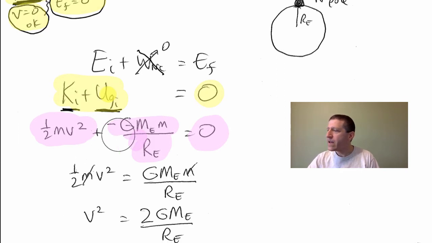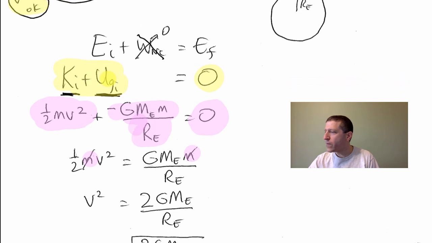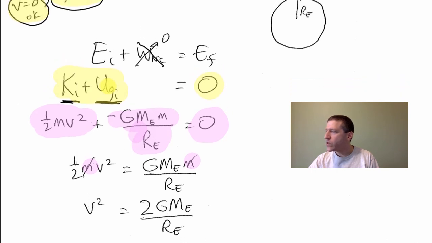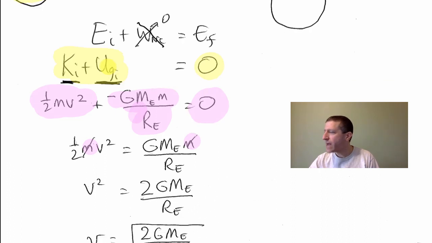And what we get is that, notice that the mass can cancel from both sides. I just added this to both sides. Mass cancels right there. Get rid of mass, get rid of mass. And then I've got to multiply both sides by 2, and that's what I end up with right here. So v squared is equal to 2GM, mass of the Earth, over the radius of the Earth, and I just take the square root of both sides.